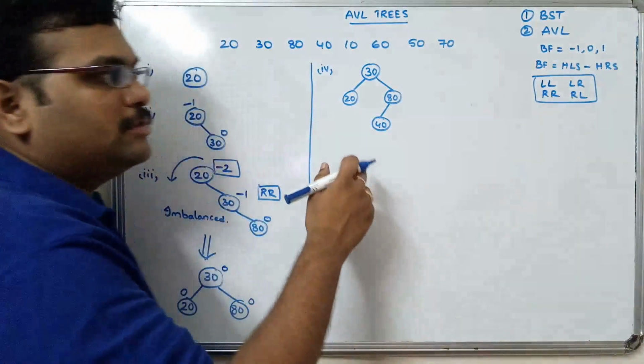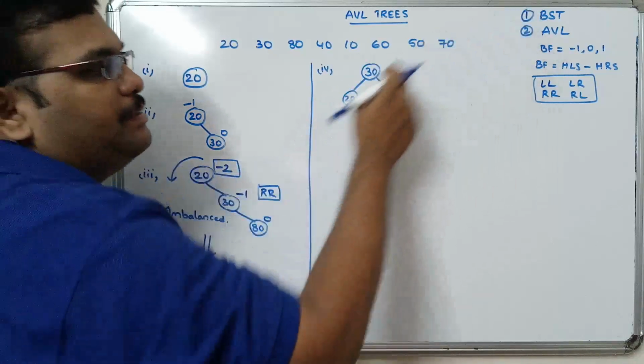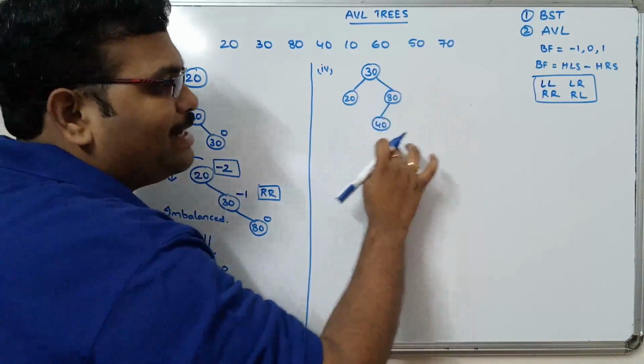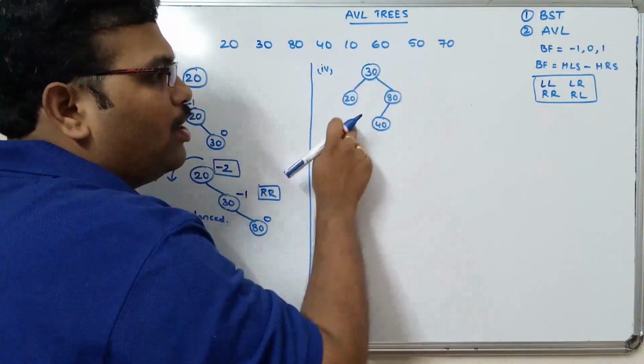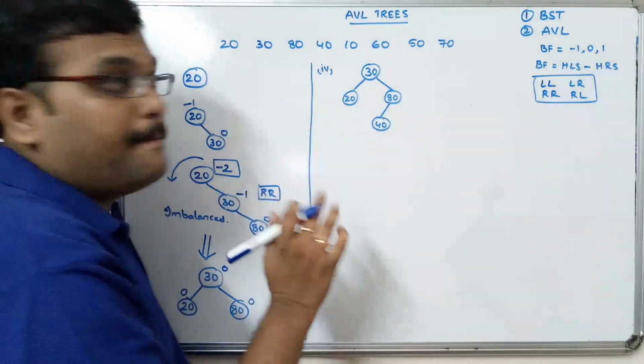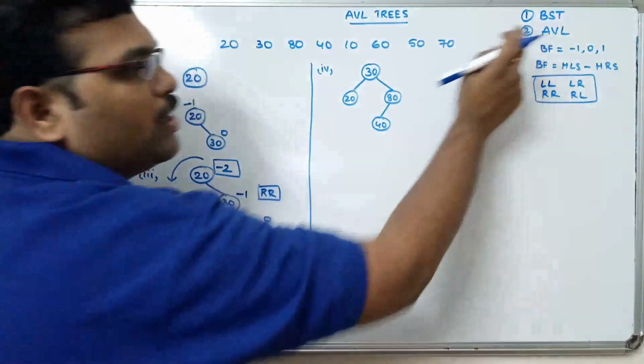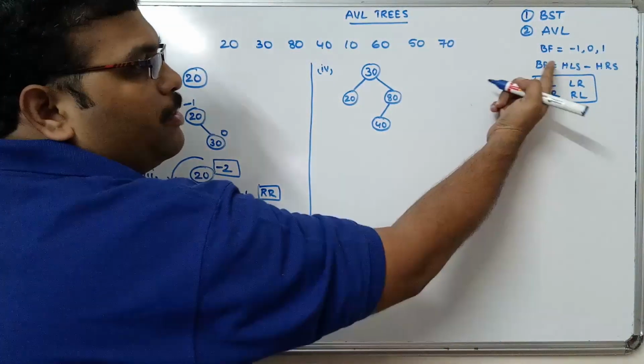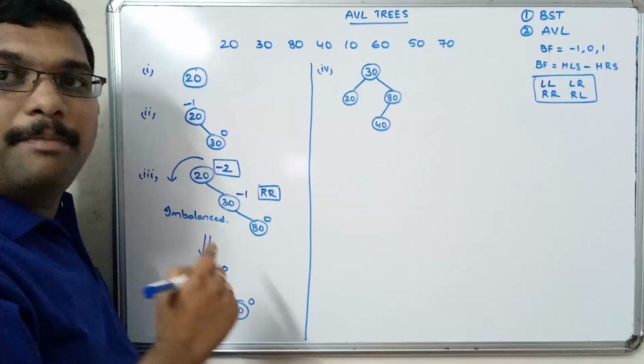Now this satisfies the BST property, because all the elements of the right subtree are greater than the root, and all the elements of the left subtree are less than the root. Now coming to the AVL property, we have to find out the balancing factor.